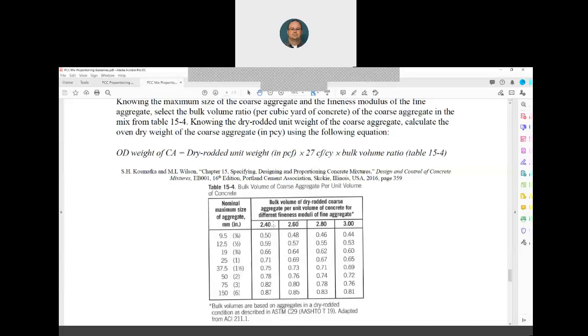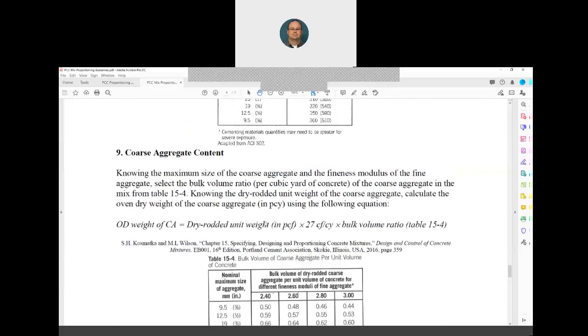If I have 2.50 and I'm using 3/8 inch, the table gives 0.48 and 0.50, so I interpolate it as 0.49. You linearly interpolate depending on your fineness modulus, and that gives us the amount of coarse aggregate we're going to use per cubic yard.